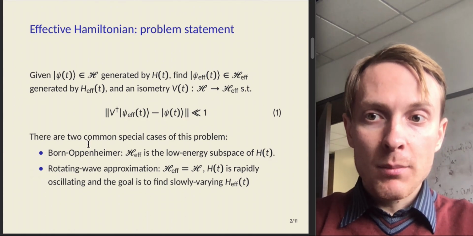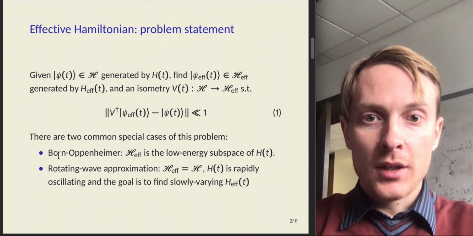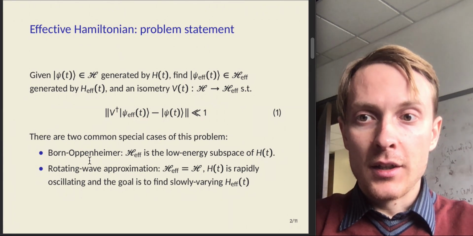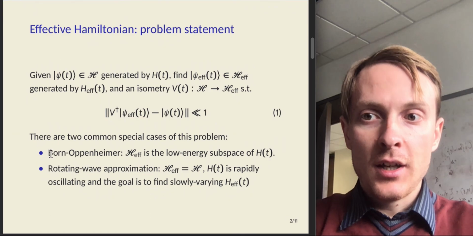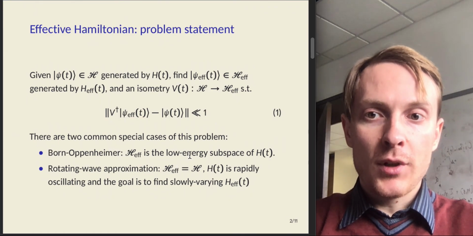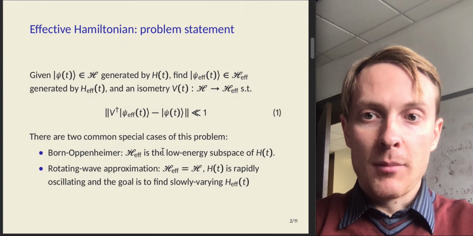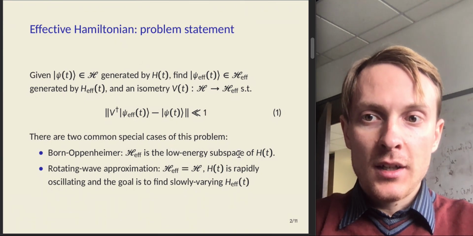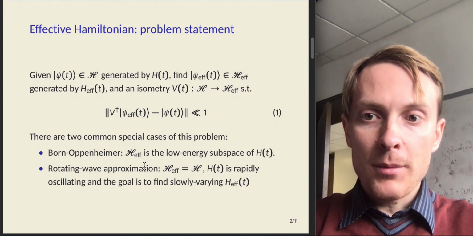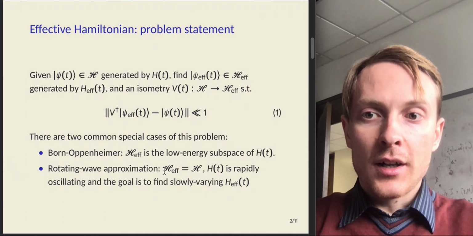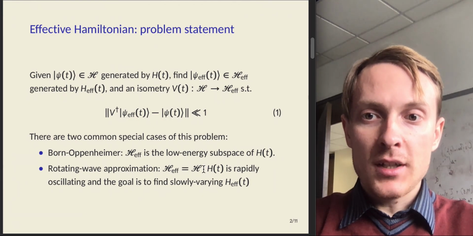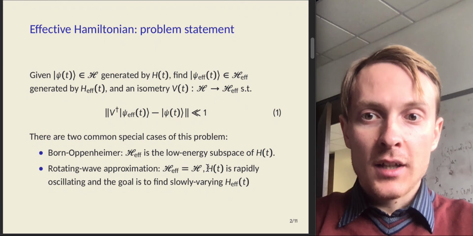In practice, people talk about effective Hamiltonian most commonly in the following two cases. First is what I call Born-Oppenheimer, which is when we want to restrict our dynamics to a low energy subspace. And the second is the rotating wave approximation, where the effective Hilbert space is the same as the original Hilbert space, but the Hamiltonian changes.